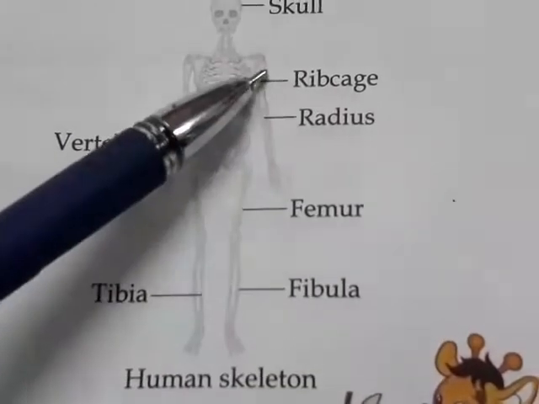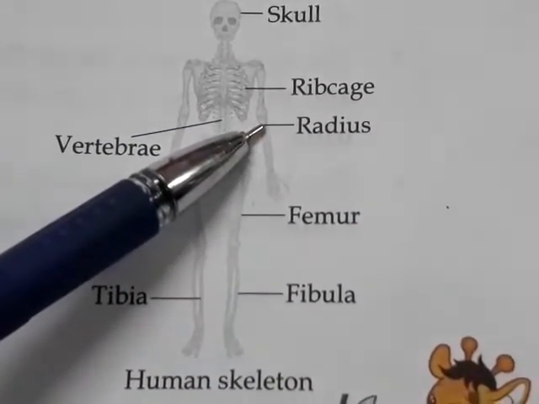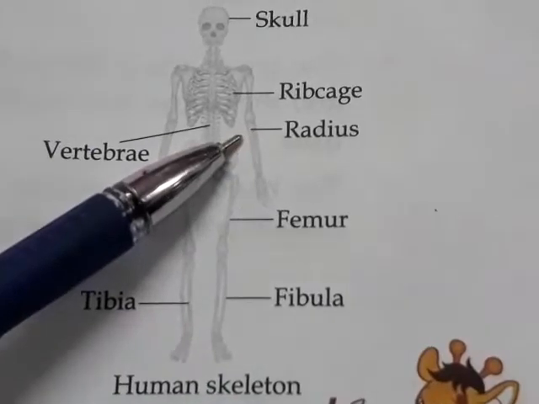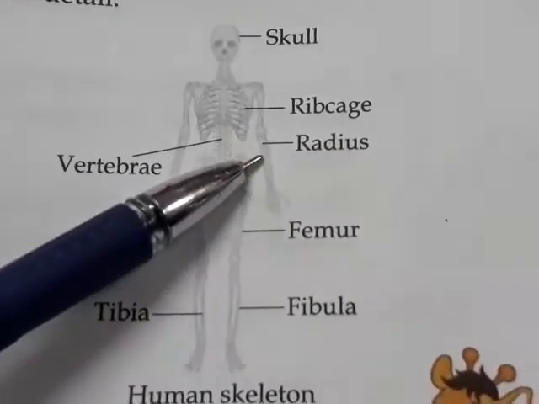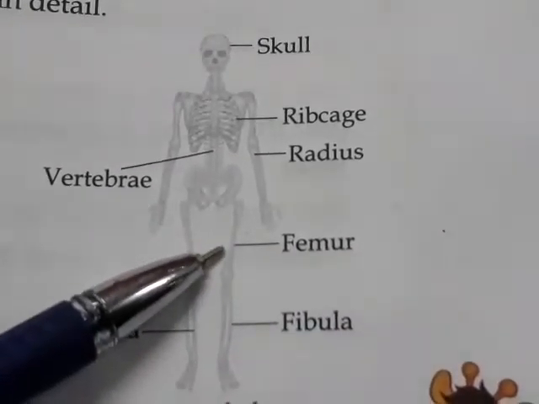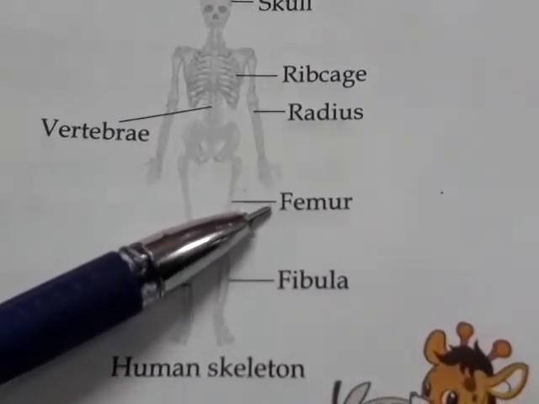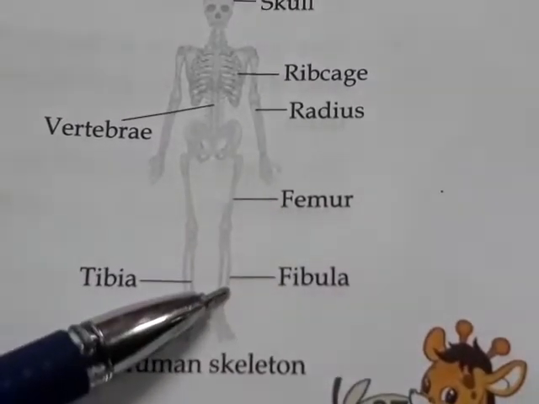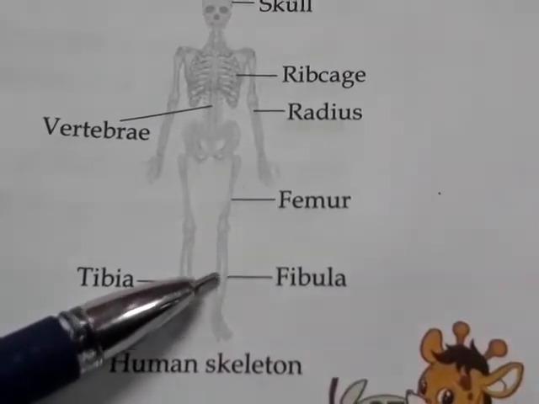Then we have the bones in the arms. Between them there is a joint, and the bones here of the arms are called the radius. Then we have the thigh bone. The upper thigh is known as the femur, and in the lower leg we have two bones.